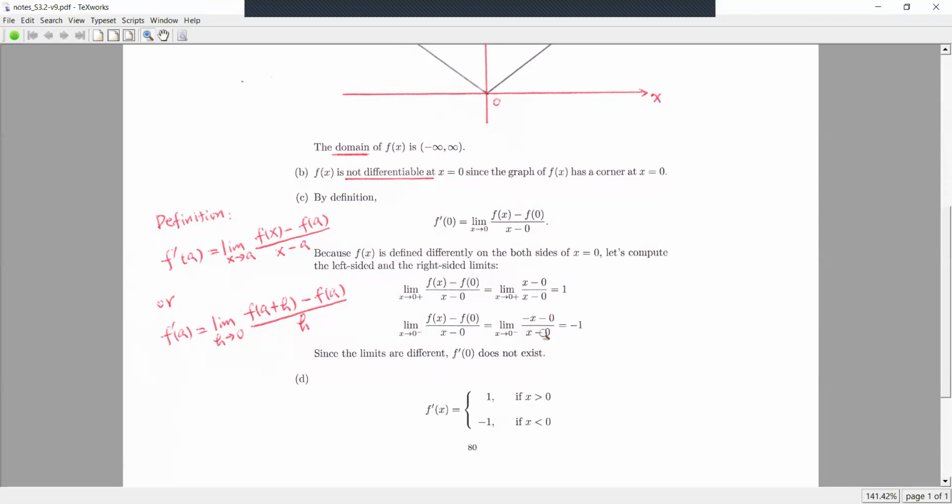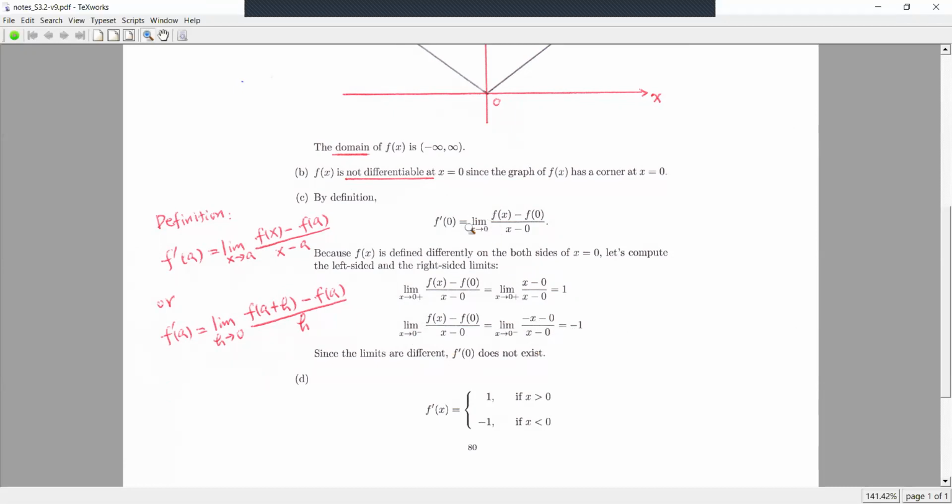It is negative 1, a constant. So the limit when x approaches 0 from the left side, the constant function negative 1, the limit is negative 1. So the left-hand side limit at 0 is negative 1.